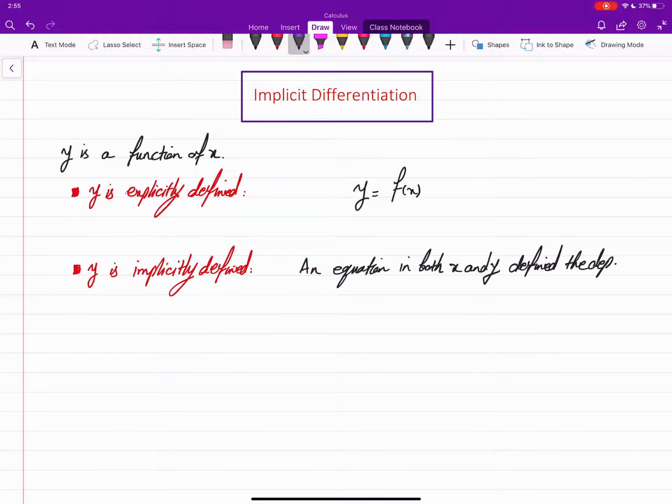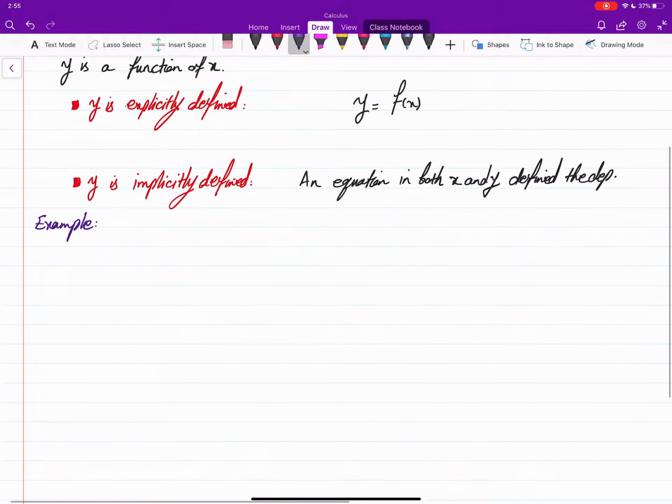For example, that equation can be any equation in x and y basically. But for example, in this case, I can have x squared y plus x equals 1.